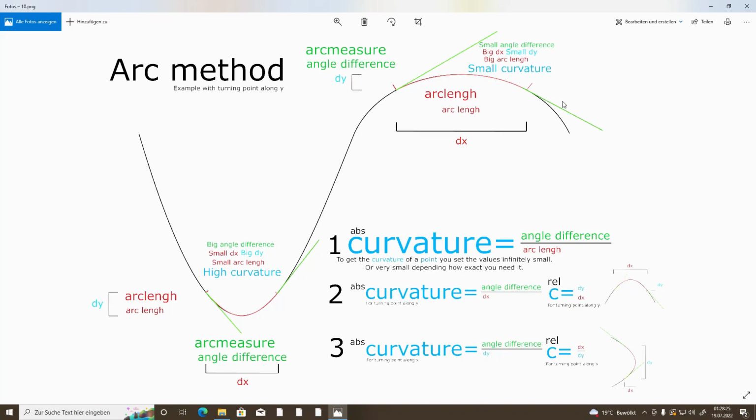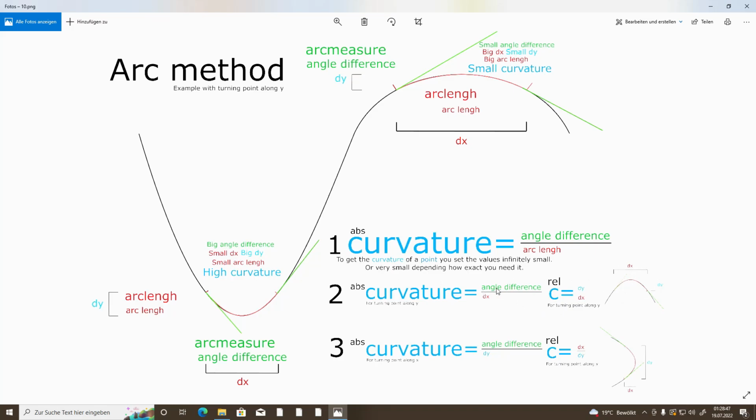And then we can do there angle difference again, so we can control. That is not there in this example, but let's try this.